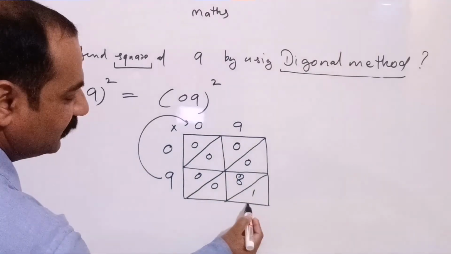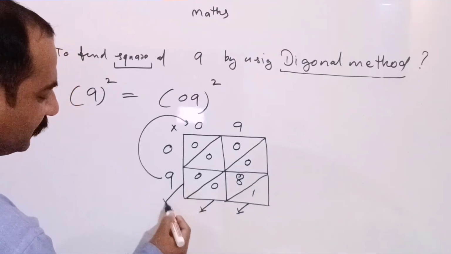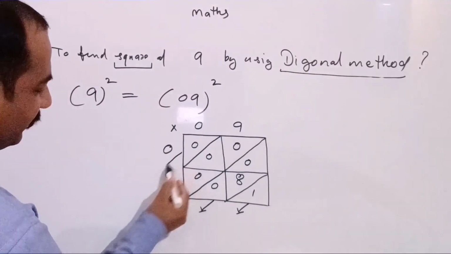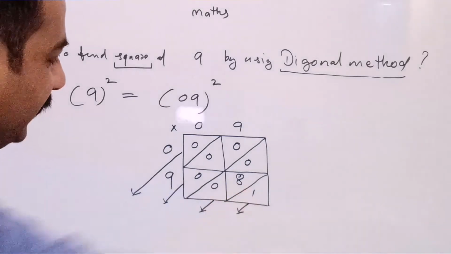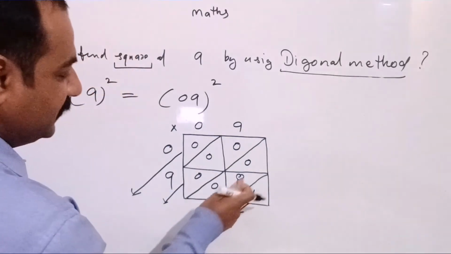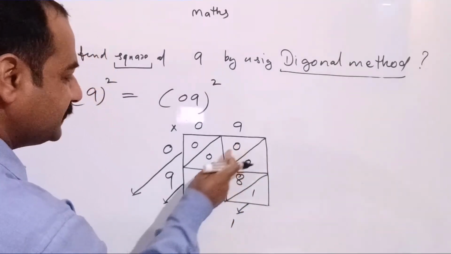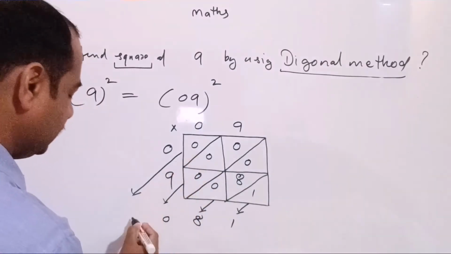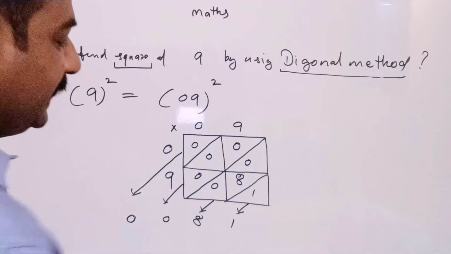Now we have to write these values in front of these arrows. We have to add the values along the diagonals. So 0 plus 8 plus 0, this is 8. 0 plus 0 plus 0, this is 0. Again, this is 0. Now guys, we have to take the values only at the unit place.